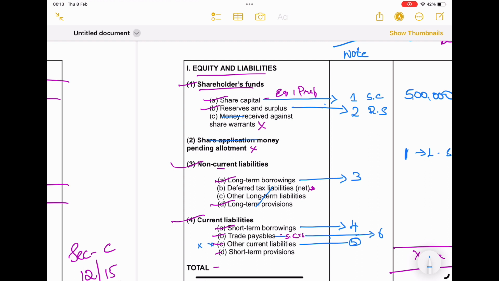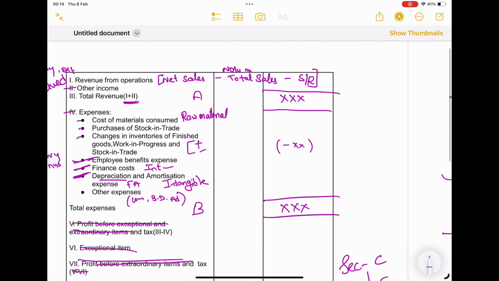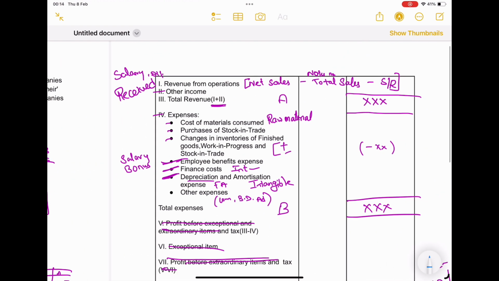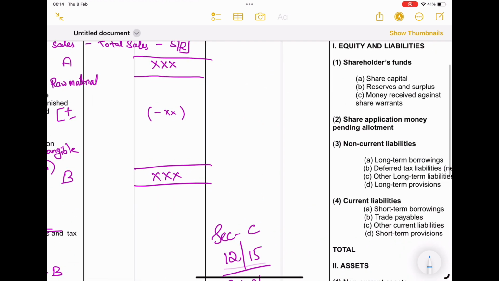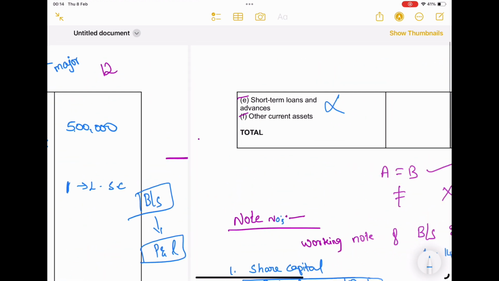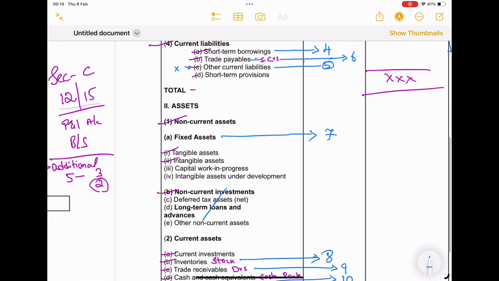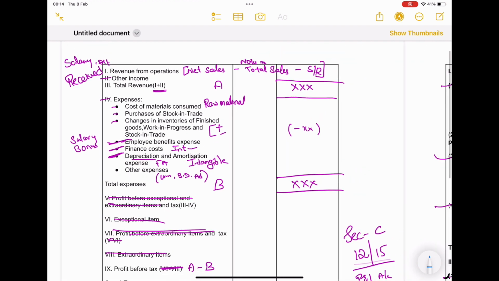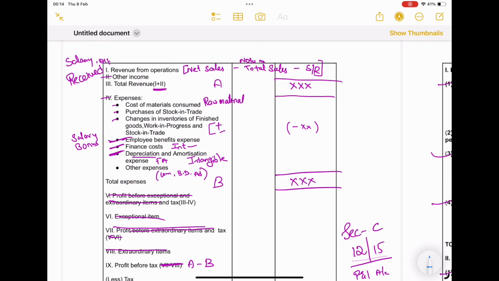Okay, next, income statement, right? For the income statement, as I have mentioned early, no need of how many notes we have written here, 10 notes we have mentioned, right? So for this income statement, revenue from operations not required, other incomes not required.